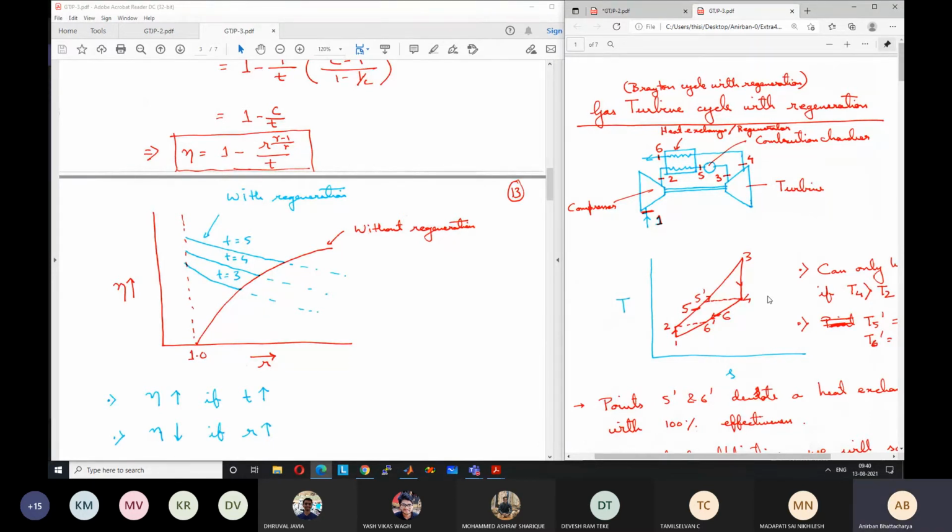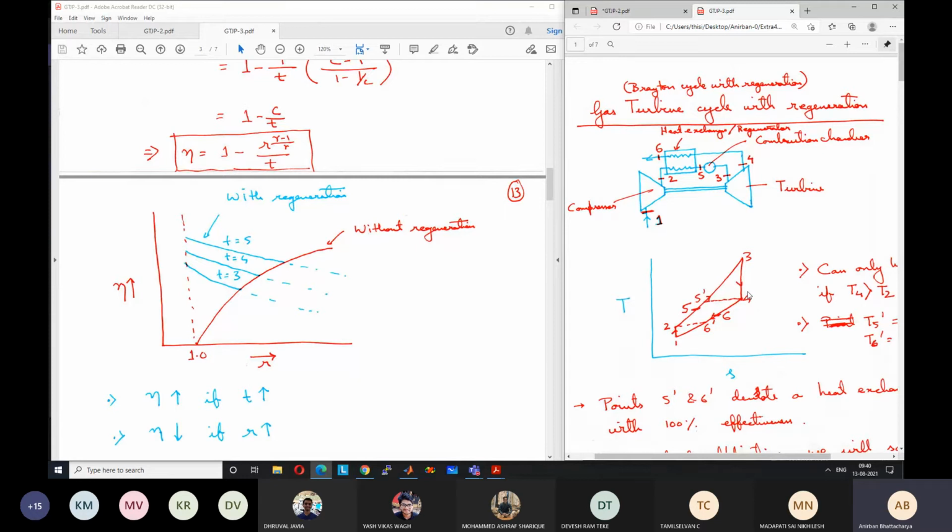The temperature after the compressor is now closer to the exhaust gas temperature after heat exchange. So you are saying T2 is close to T4. Is it so? Then what is happening?